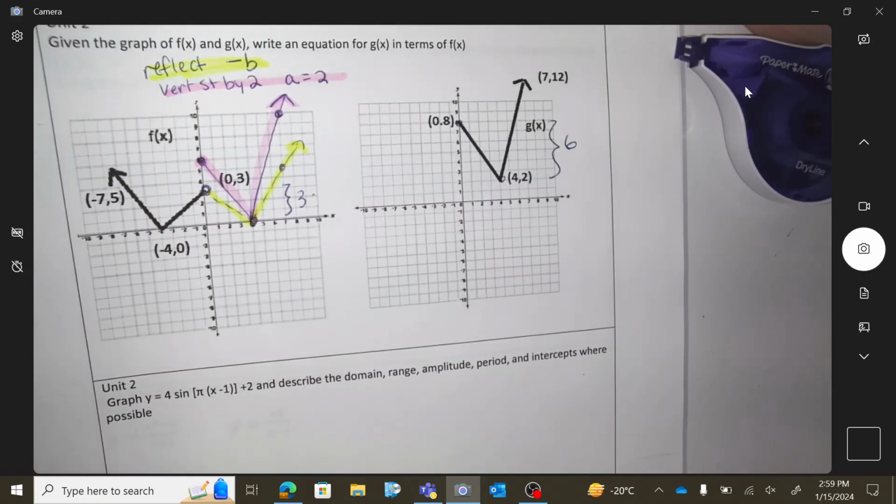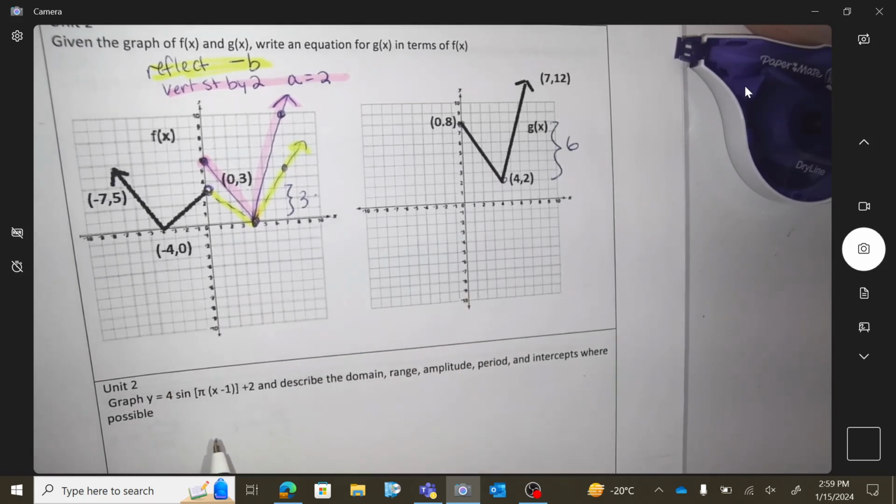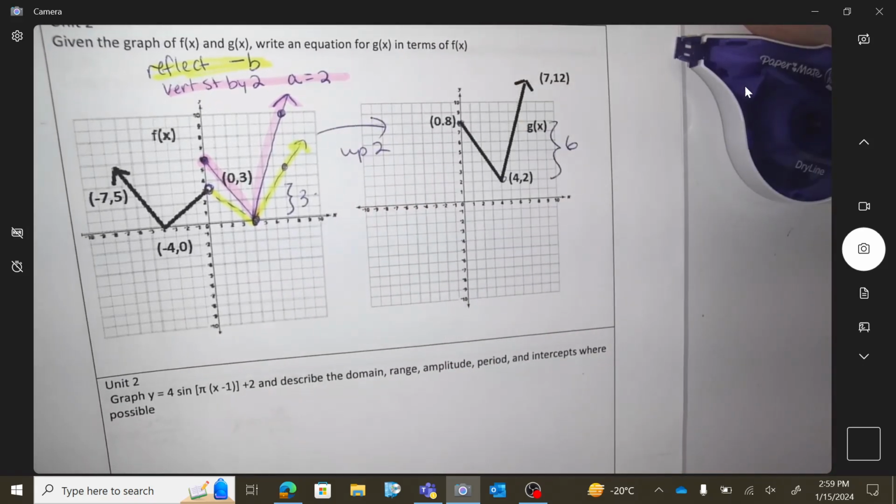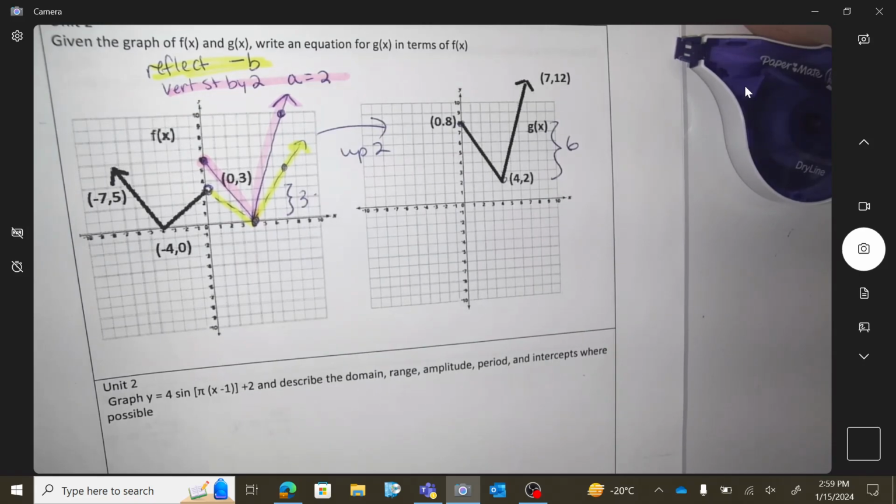I reflected it, I stretched it, and now, what other kinds of things do you see from my pink graph to the end? We would have to go up 2 and we would get there. Okay, so we have these 3 ideas, we're done, this is good, but we have to put it into an equation.